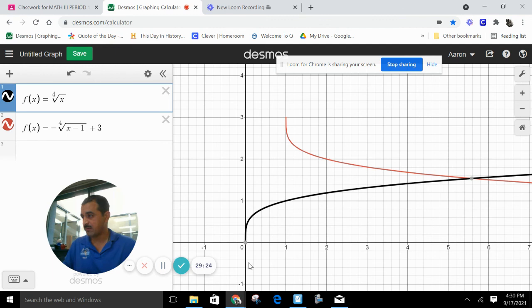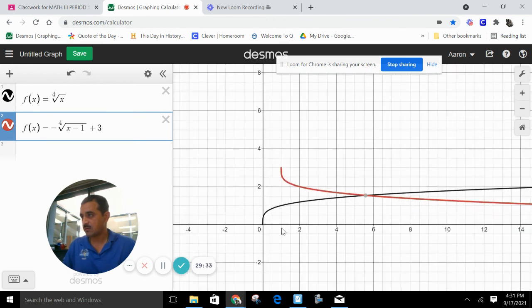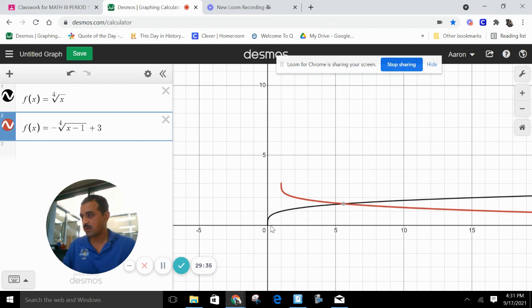So we flipped it over the x-axis, moved it to the right 1 unit, and then moved it up 3 units, notice. Okay? 3 units. There we go. So we flipped the parent over the x-axis, moved it to the right, then up 3.